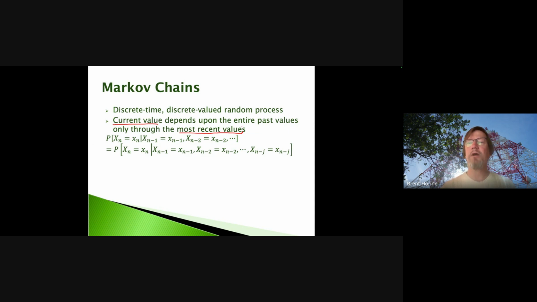We can look at the probability of this Xn as conditioned upon all of these prior values, right? So looking at all these out to this n minus j.